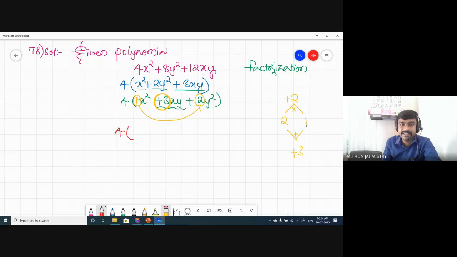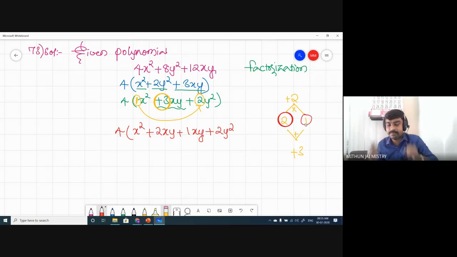And the first term x square is as it is, and the last term plus 2y square is also as it is. Only the middle term plus 3xy will be written as plus 2xy plus 1xy, since we have 2 and 1.